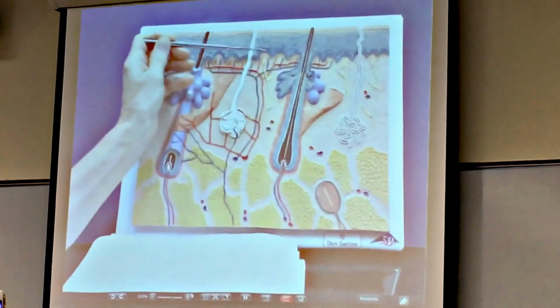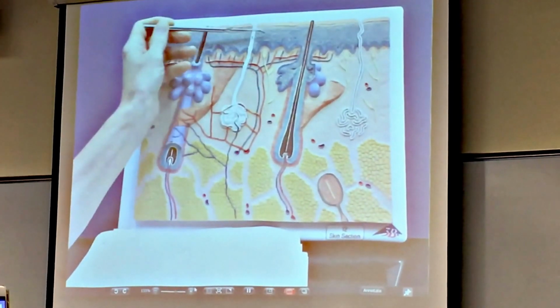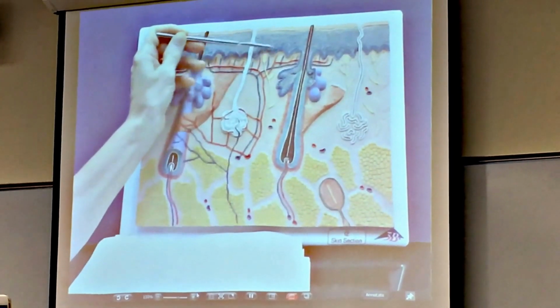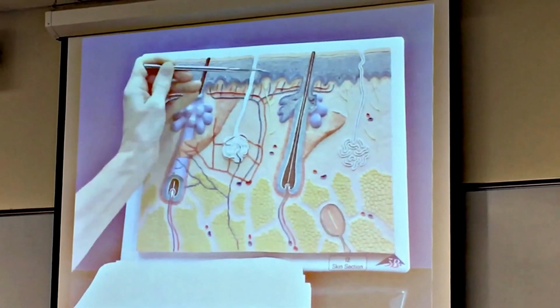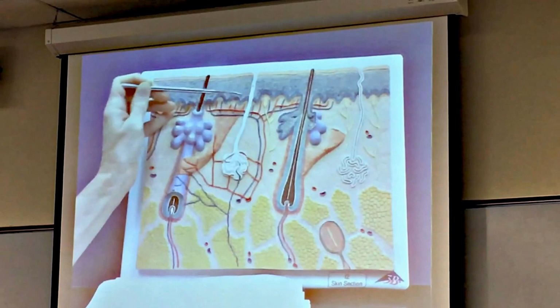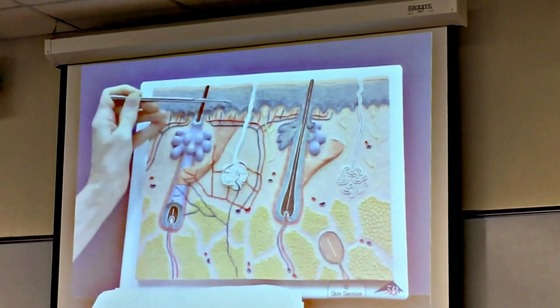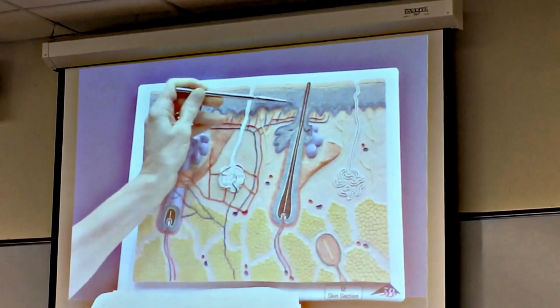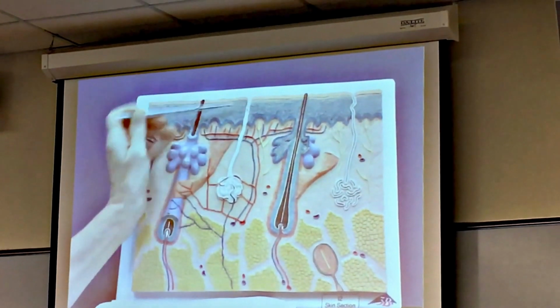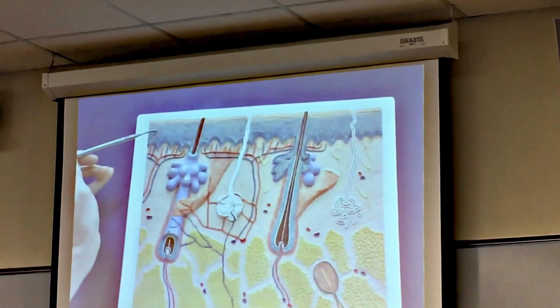Okay, then in the epidermis, we have 5 sublayers. Identify this sublayer in dark blue. That's the stratum basale. And then right here, where we see these spines, and all of this right here would be the stratum spinosum. And then in this model, it's a little bit hard to see.